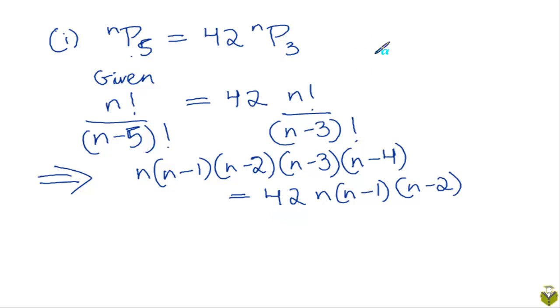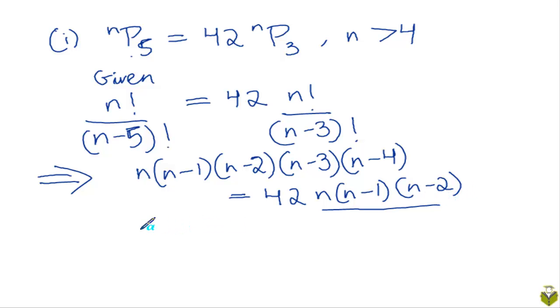Now we also have the condition that n is greater than 4, right? On the left hand side we have n and (n minus 1) and (n minus 2). Here also we have n and (n minus 1) and (n minus 2). So we can cancel, or divide both sides, by n into (n minus 1) into (n minus 2). Why can we do that?